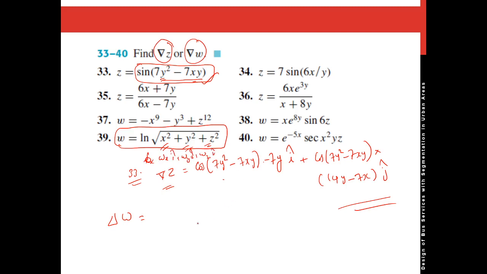Tell me the answer. Anybody? By root of x square plus y square plus z square i. Tell me. Anybody got the answer?